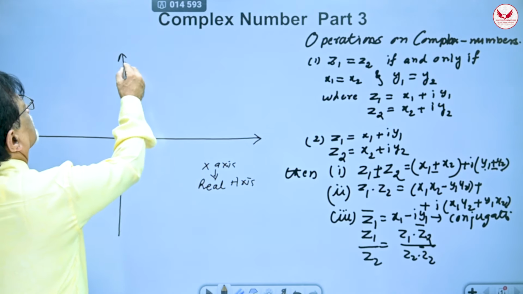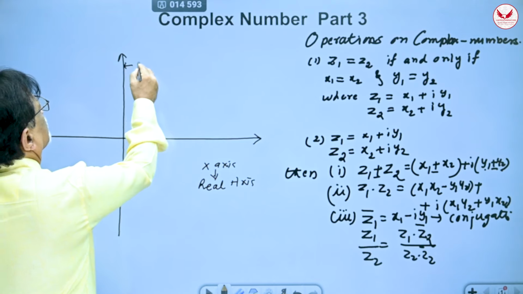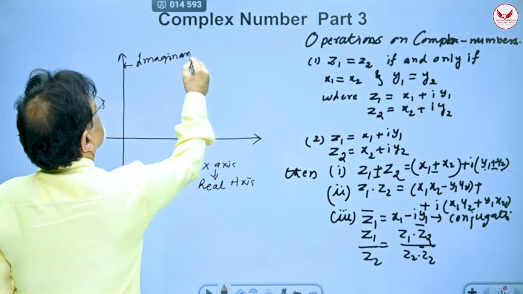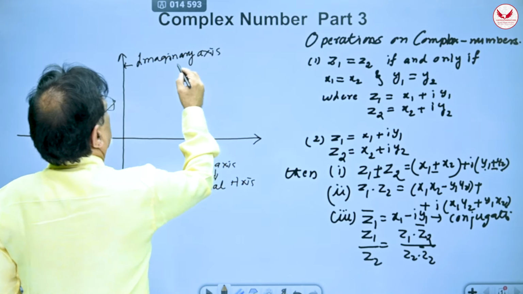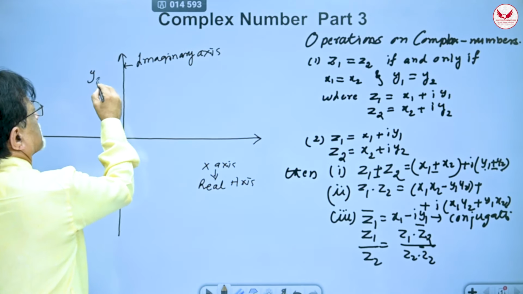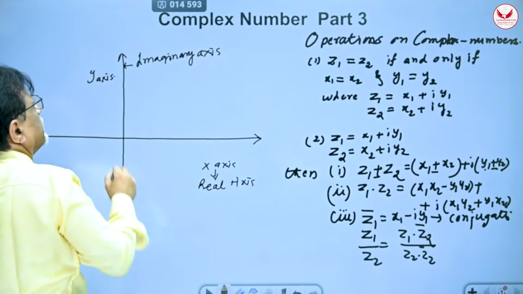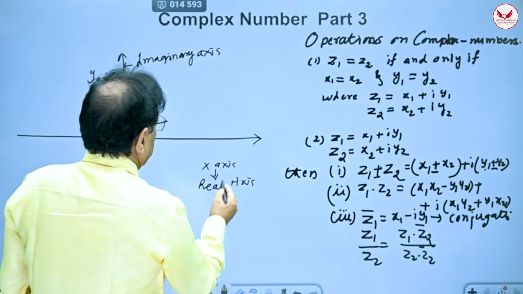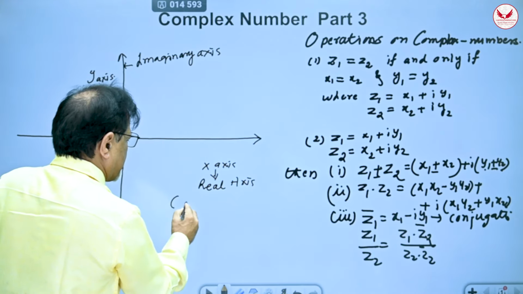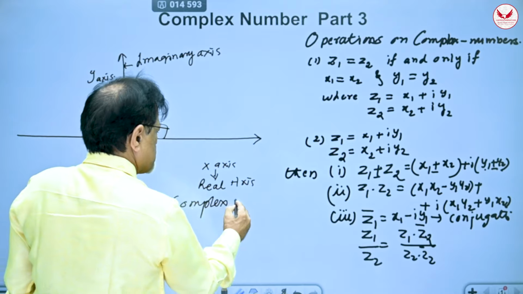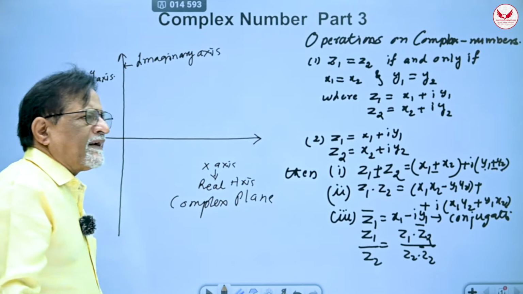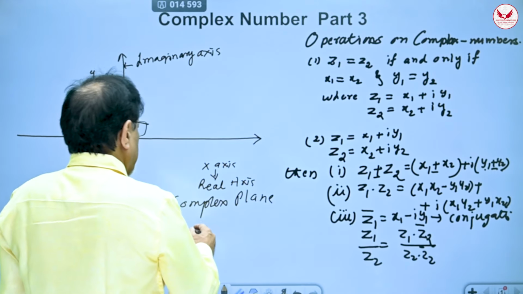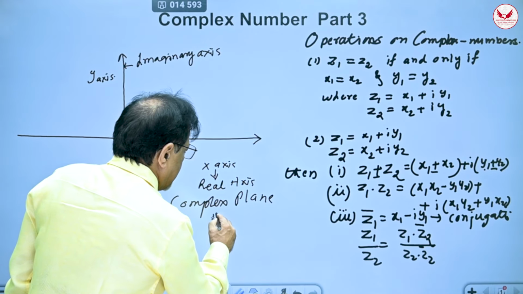And this is called the imaginary axis. The imaginary axis is actually the y-axis in normal terms. Here the imaginary part will lie. This entire plane is called the complex plane, and all the diagrammatic representations of complex numbers and their operations are altogether called Argand diagrams.